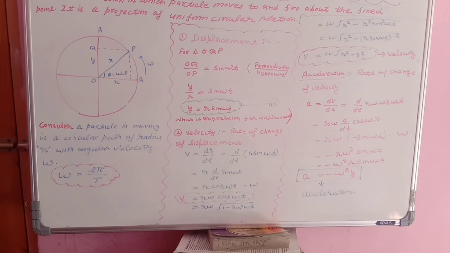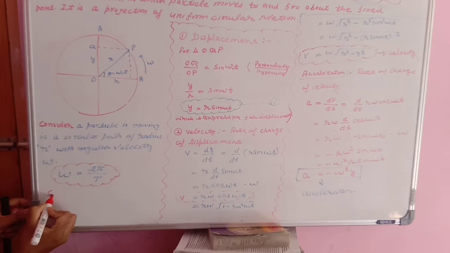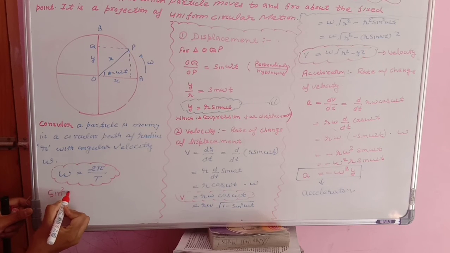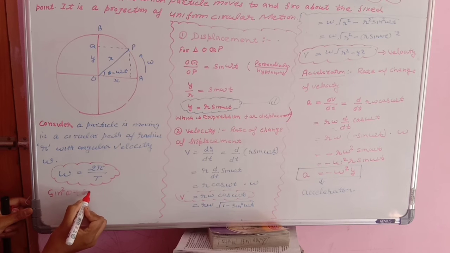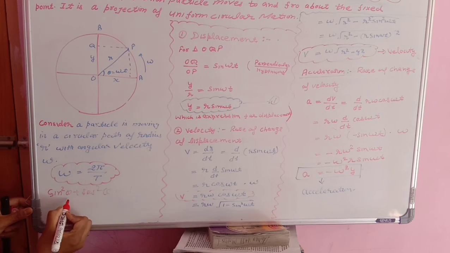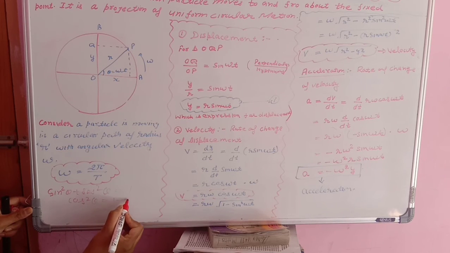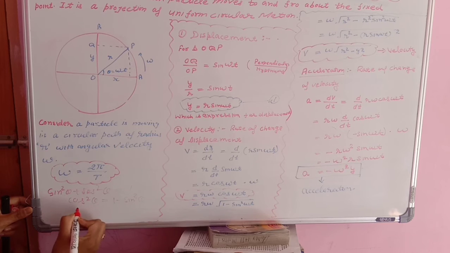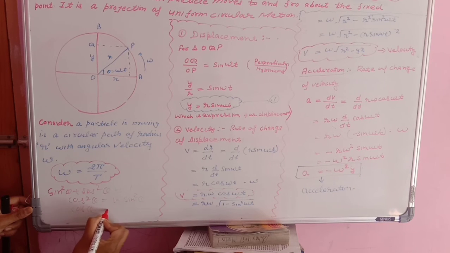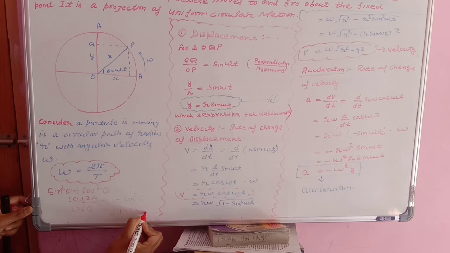As I have done here, you can see sin square theta plus cos square theta equal to 1. That means cos square theta is equal to 1 minus sin square theta, and cos theta will be under root 1 minus sin square theta.